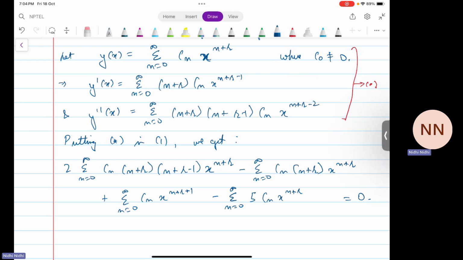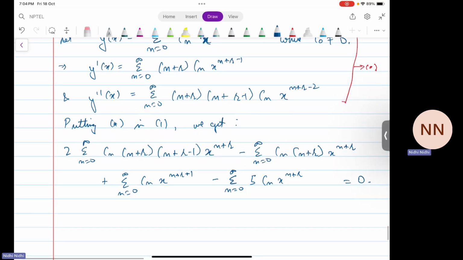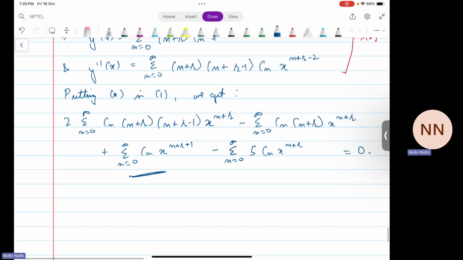Now we need to make the powers uniform. So we'll try to make the powers in terms of n plus r. So just this series needs to be changed. Rest of the terms will be same.